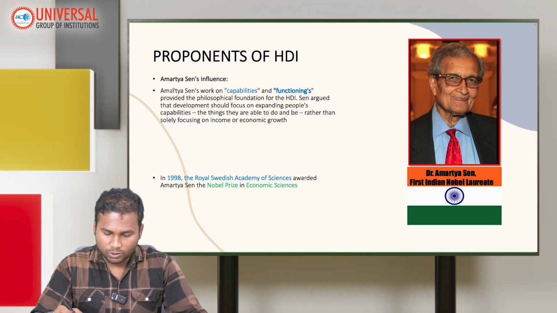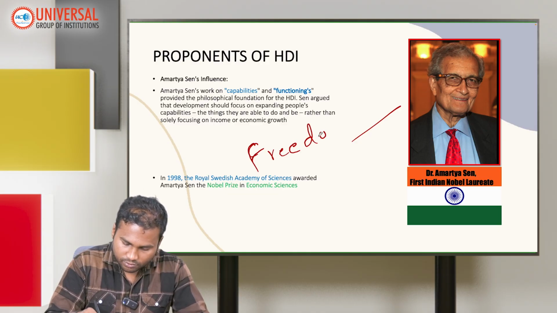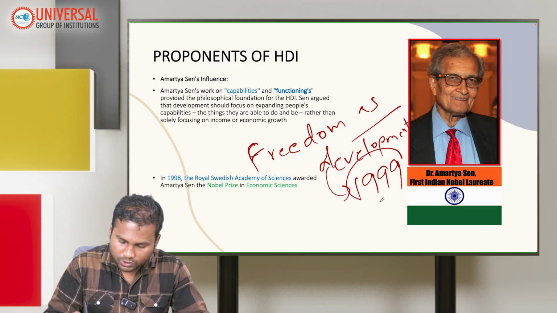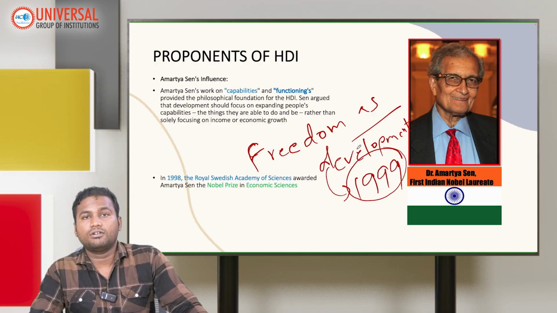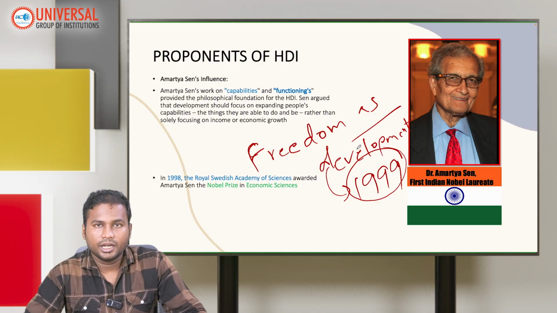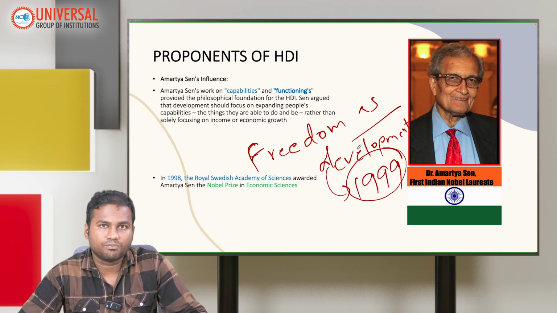He also wrote a book, Freedom as Development, the Indian version in 1999, which also talks about different human development factors. He is closely associated with the introduction of HDI, but it was introduced under the stewardship of Mahbub.